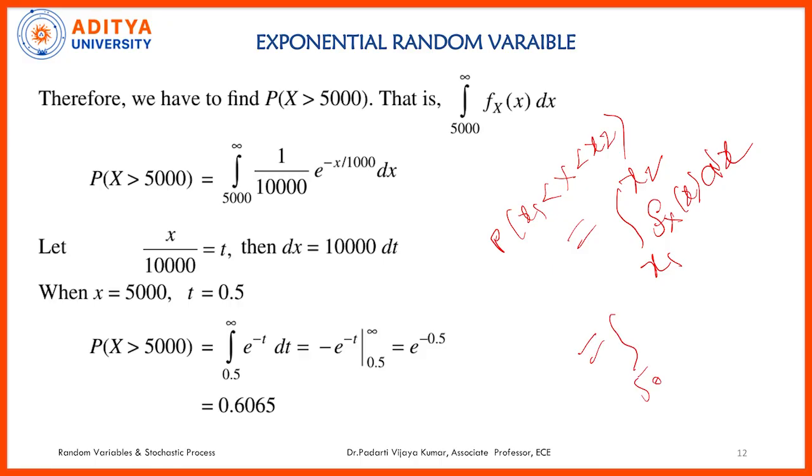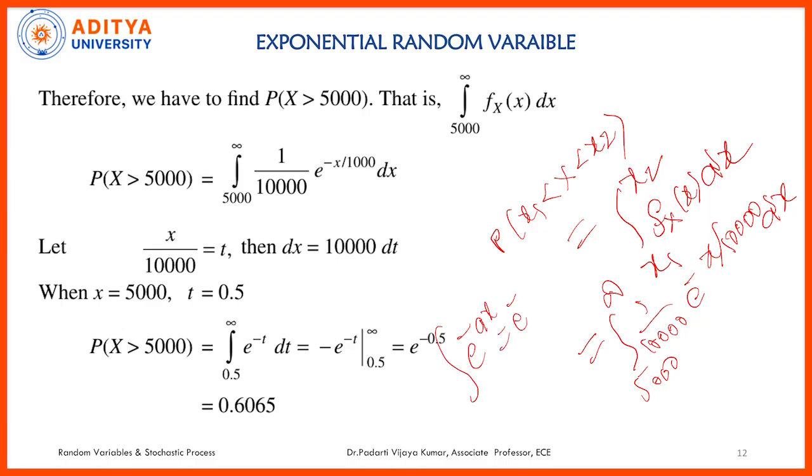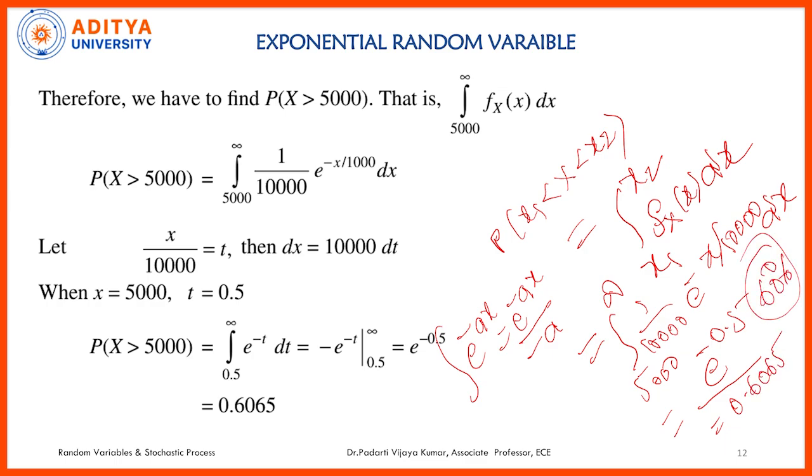So the upper limit I am taking as infinity: integral of 1 by 10,000 e power minus x by 10,000 dx. Here we know the formula: integration of e power minus ax is e power minus ax by minus a. Using this formula, calculating, we will get e power minus 0.5, which is 0.6065. There is a 60% chance that the car can exceed 5,000 kilometers.